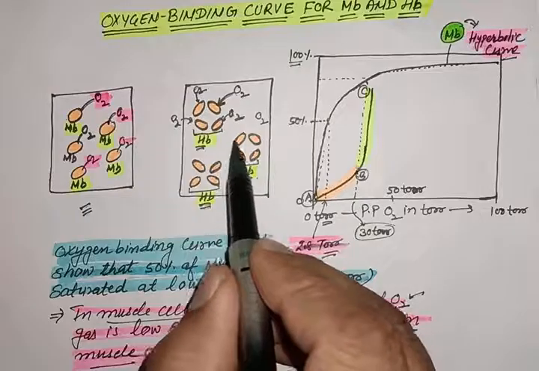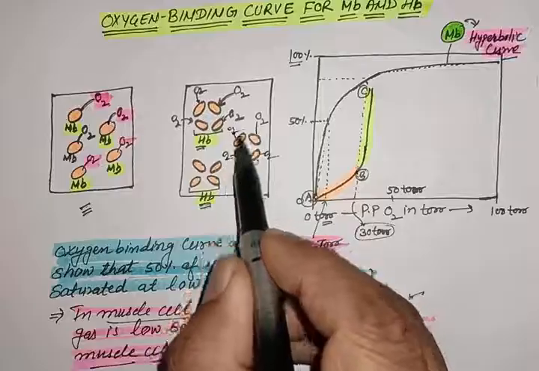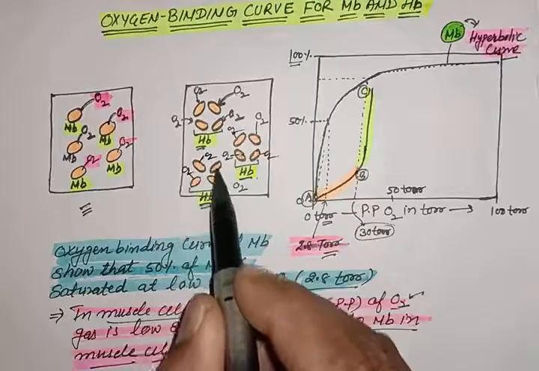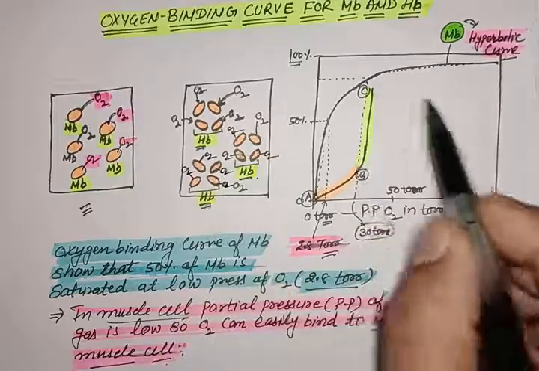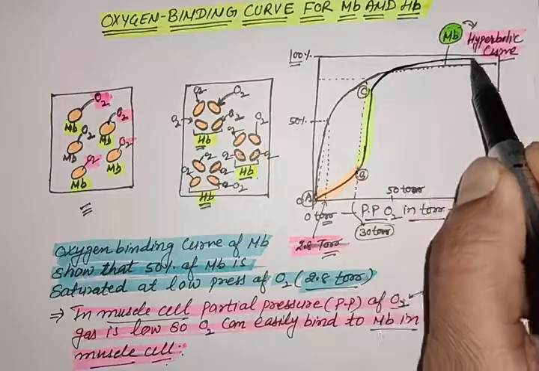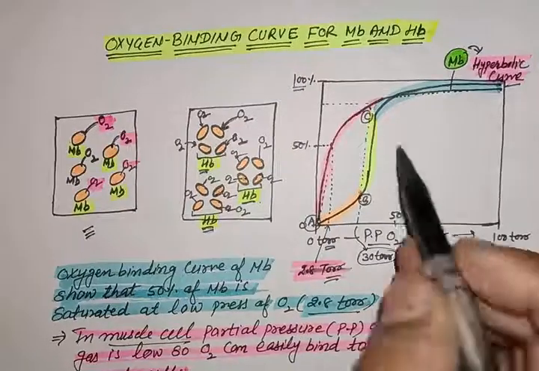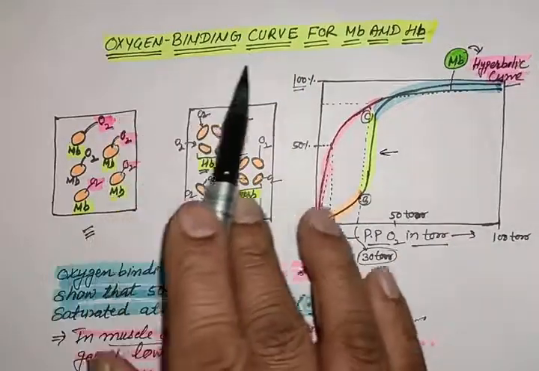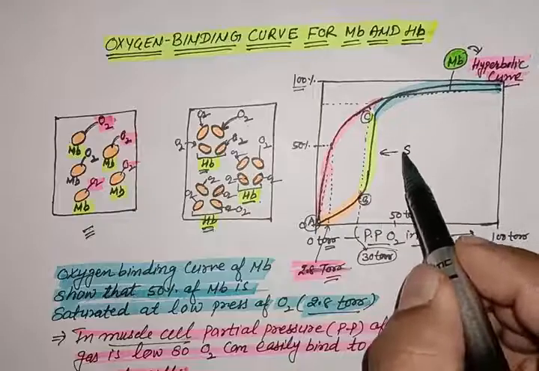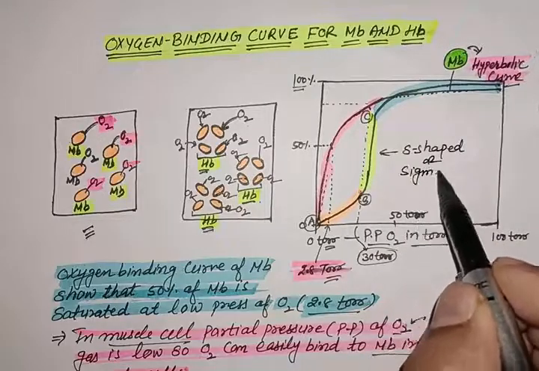And finally, when all the heme groups are occupied by oxygen molecules, the percentage of saturation does not change with an increase in the partial pressure of O2. So at this point, this graph becomes flat. And we know very well that the oxygen binding curve for hemoglobin is S-shaped, or I can say it is sigmoid in shape.